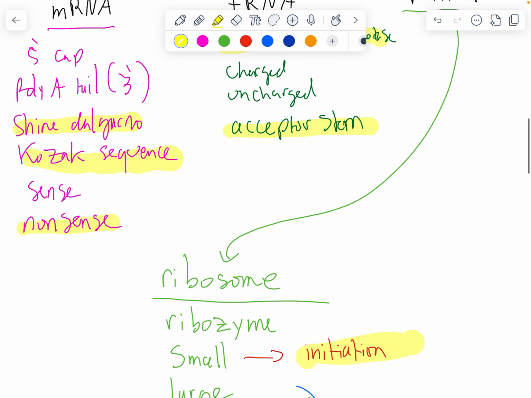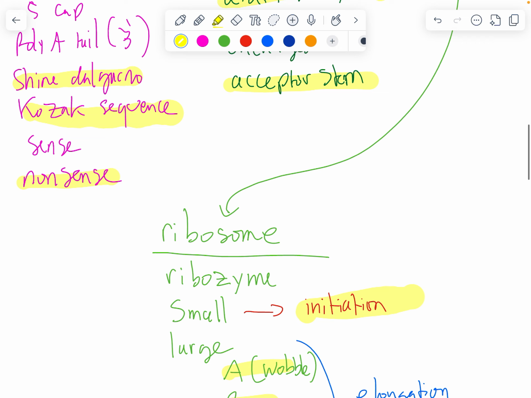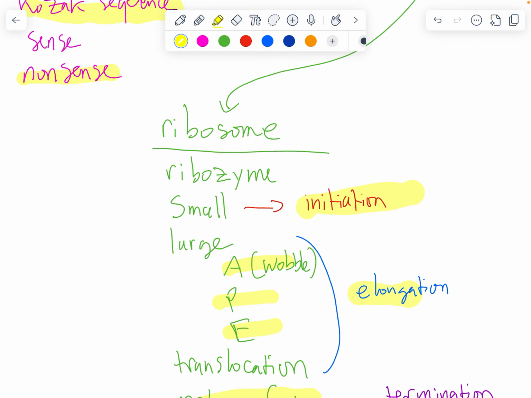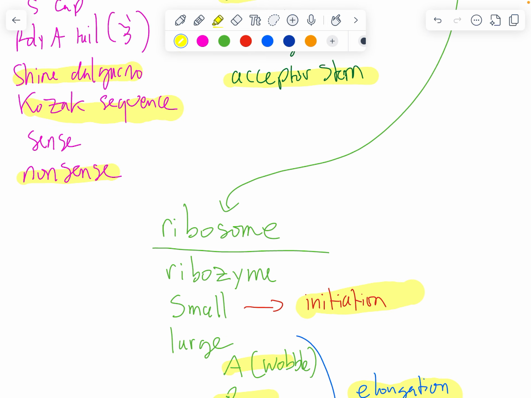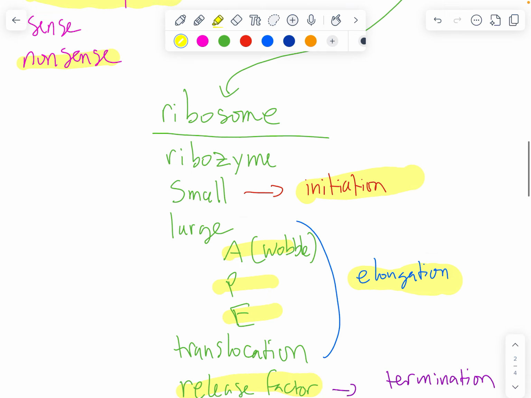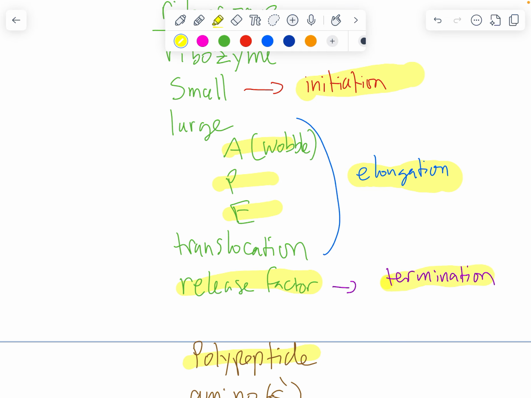And so within our mRNA, within the coding region, so within the region that gets translated, we have sense codons and nonsense codons. So sense codons bring back an amino acid, so they're involved in elongation, and nonsense codons don't bring back an amino acid, so they're involved with termination.